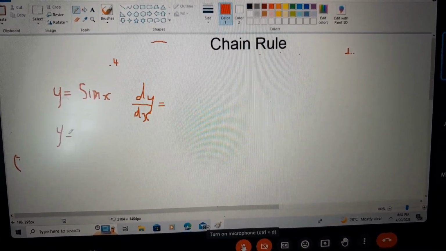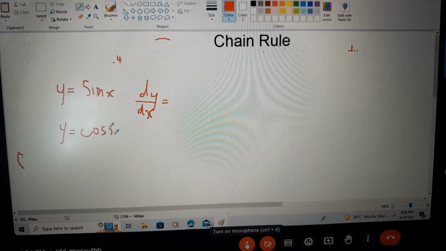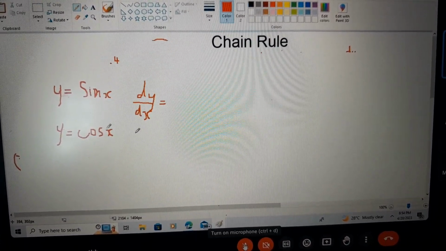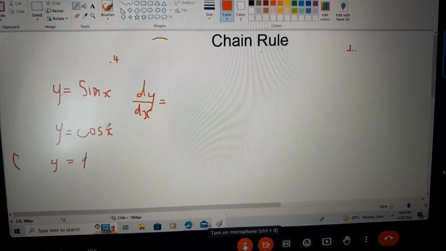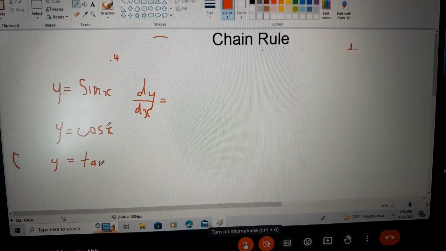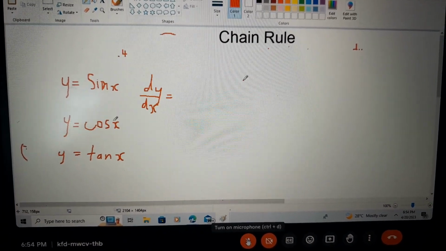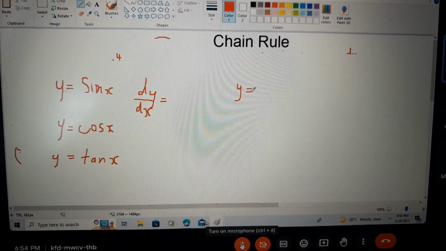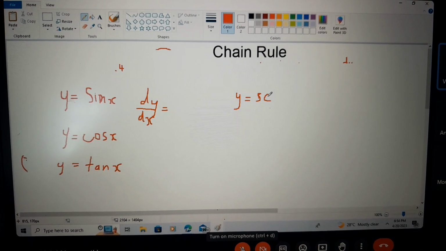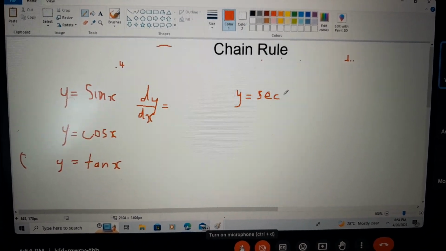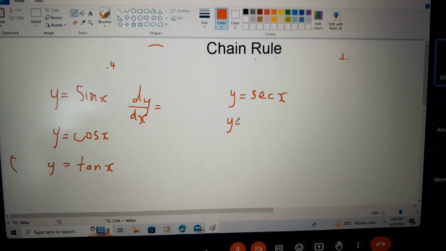So I want you to find the derivative of cos x, the derivative of tan x, the derivative of sec x or secant x, the derivative of, what's the next one?